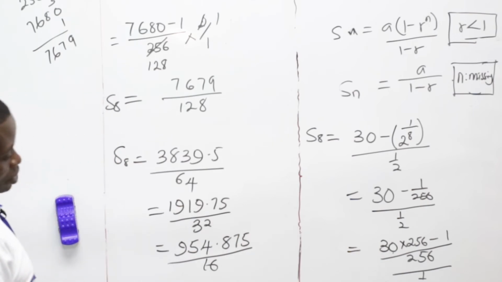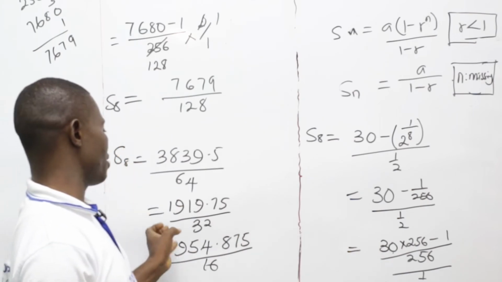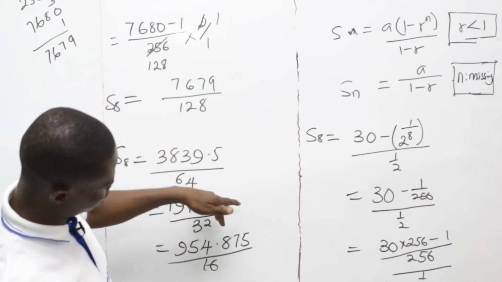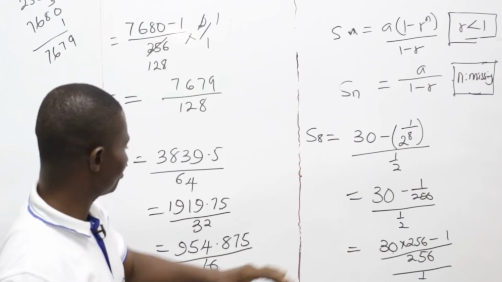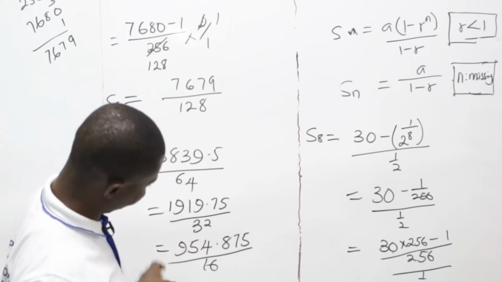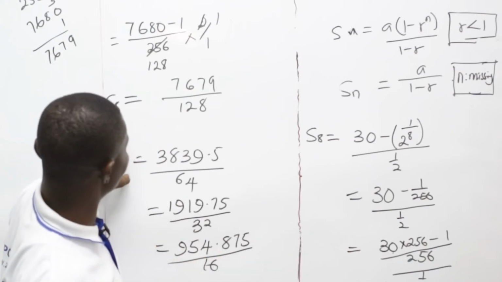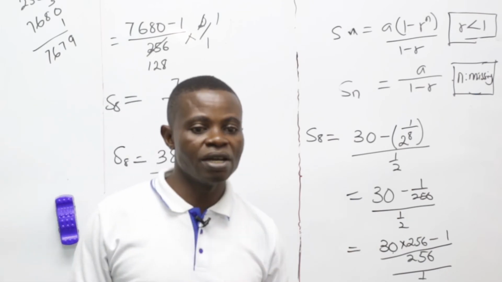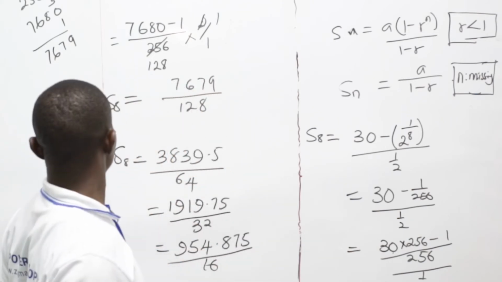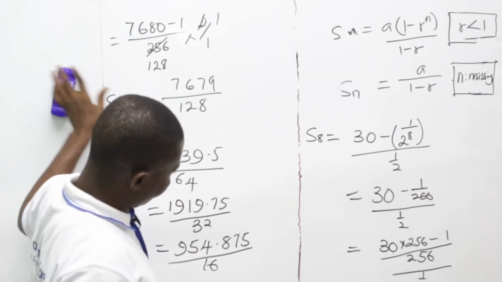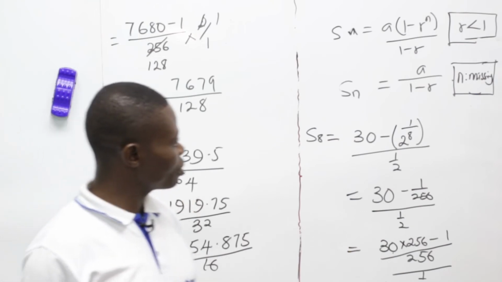Continue to divide. When you punch your calculator, 954.875 divided by 16, whatever you have is the sum of the 8th term of the GP. This becomes the final answer to this question.